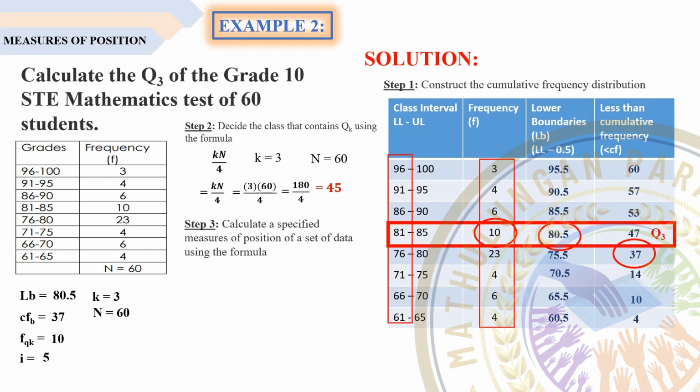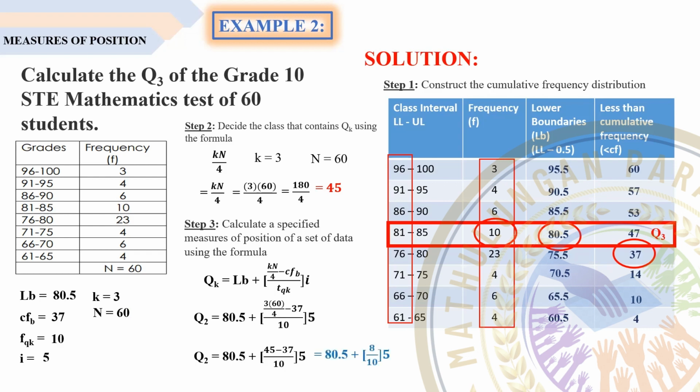Now, gamitin natin itong mga value na to para i-substitute sa ating formula na quartiles of group data. So, i-substitute na natin ang value ng lower boundaries, which is 80.5. Tapos 3 times 60 all over 4 minus 37 all over 10 times the class size, which is 5. So, i-simplify na natin. 3 times 60 divided by 4, that is 45 minus 37 all over 10 times 5.